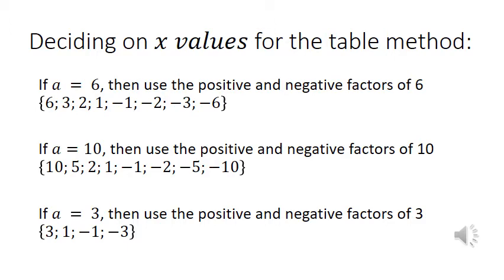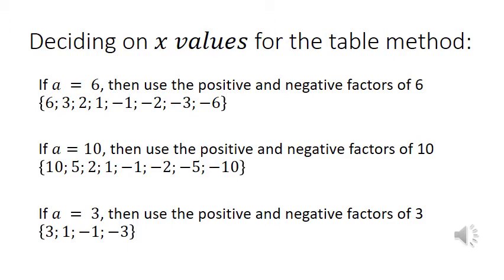Now the reason we use the positive and the negative is because remember that 2 times 3 is 6, but -2 times -3 is also 6. Another one that I've done is the factors of 10, which would be 5, 2, 10, and 1, but also the negative ones.